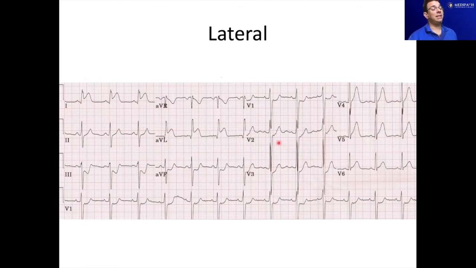For classic J point elevation, which can be difficult, you shouldn't see reciprocal changes, meaning signs of depression or inverted T's, which are the two things I look for to differentiate it. J point elevation should be diffuse across all three areas of the myocardium. Not necessarily every lead, but at least one or two leads, inferiorly, anteriorly, and laterally, because that's almost never going to be an MI unless you have diffuse global ischemia, which usually shows ST depressions more than elevations.